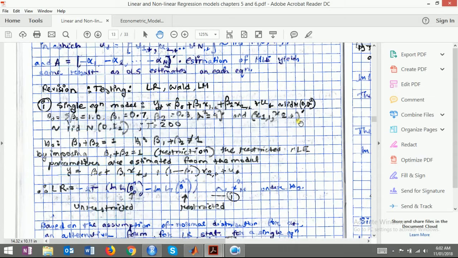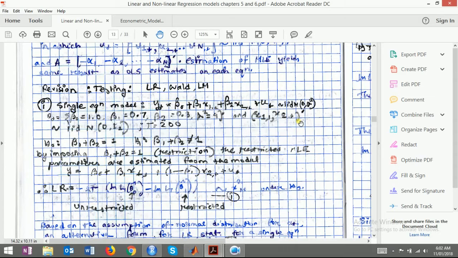It is chi-square under the null hypothesis, based on the assumption of normal distribution for the residual. An alternative form for the likelihood ratio statistic for a single equation model is T log of sigma naught square minus sigma 1 square.